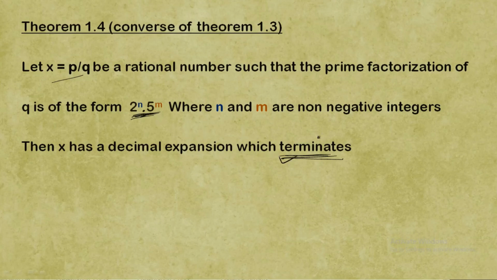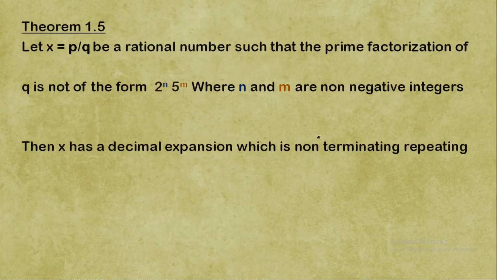So this is theorem 1.4, and one more theorem we have, the last one, theorem 1.5. Here this says that if any rational number is in the form of p by q such that the prime factorization of q is not in the form of 2 power n into 5 power m, where n and m are non-negative integers, then x has a decimal expansion which is non-terminating.